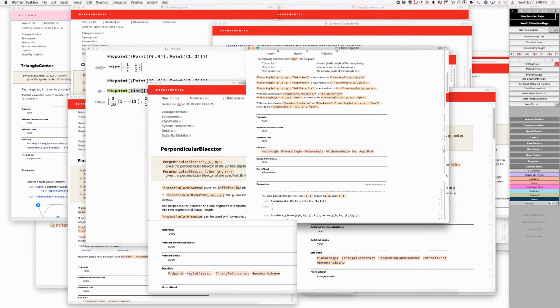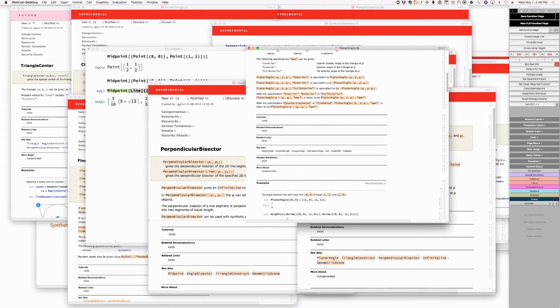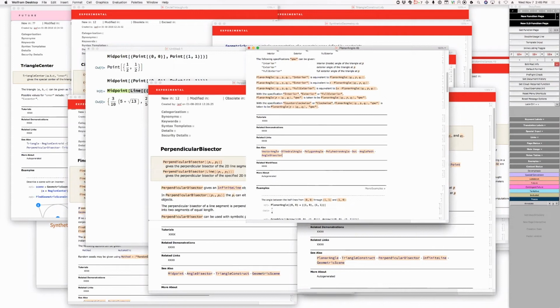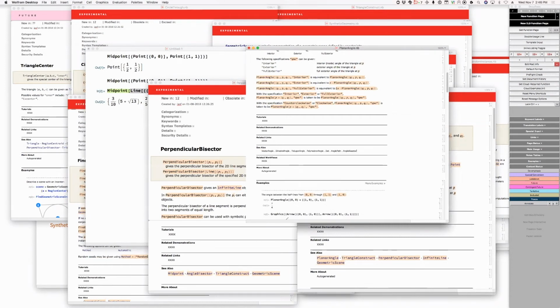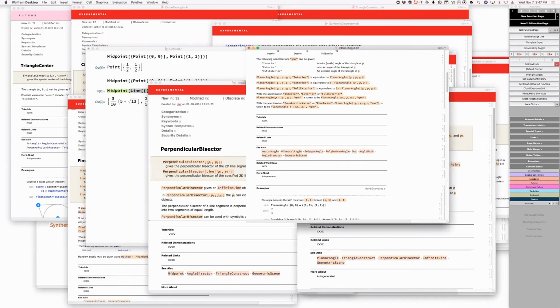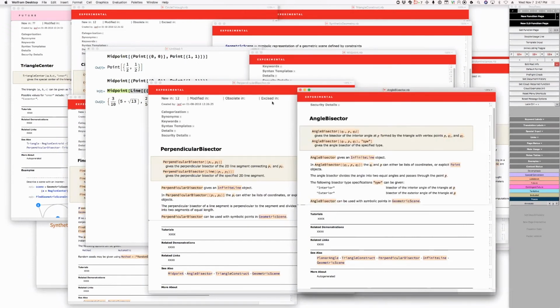Oh gosh, no, it doesn't. Okay. I think planar angle should point to geometric scene also. Do you agree? Yeah. Okay, that's then those.